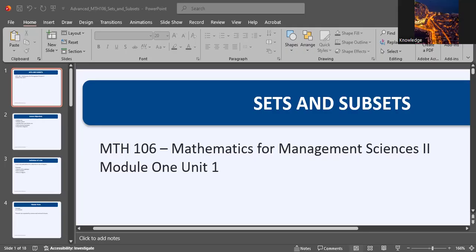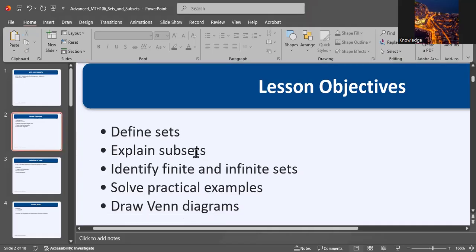So under sets and subsets, we'll be talking about some things like the meaning of sets, notations, finite and infinite sets. We're talking about equality of sets, null sets.